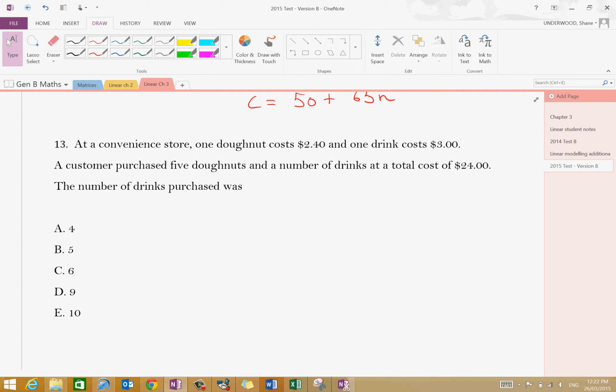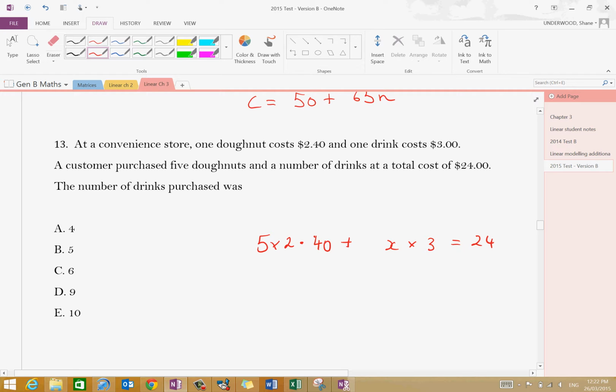At a convenience store, one donut costs $2.40 and one drink costs $3. So we can say that 5 times $2.40 plus the number of drinks, we'll just call X if you like, times $3 is equal to 24.